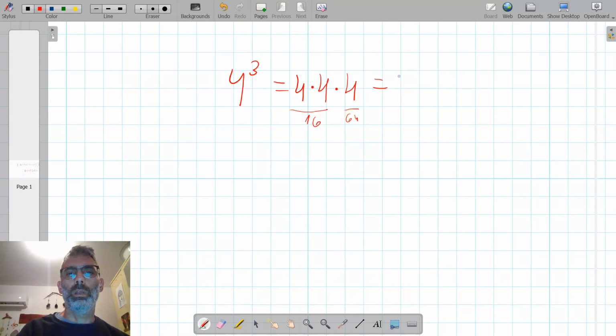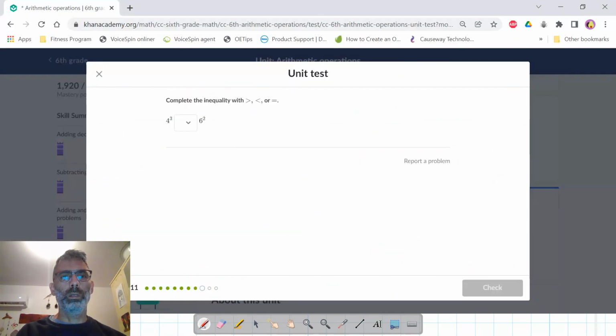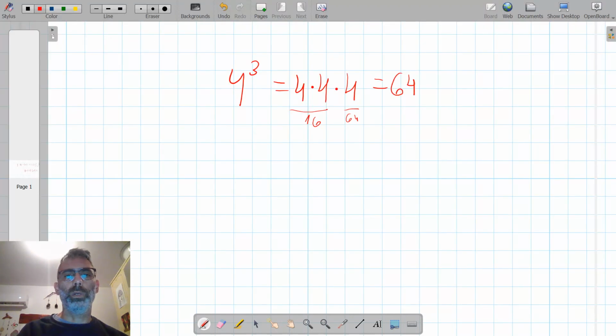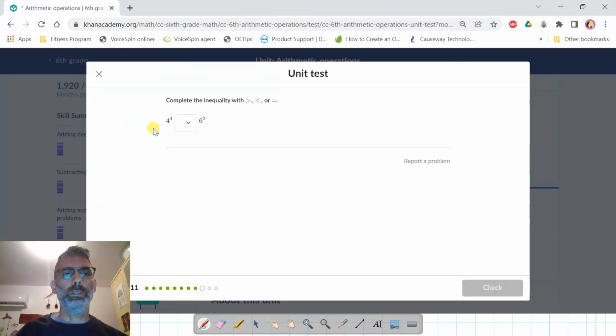So 4 cubed is 64. And 6 squared is 6 times 6, which is 36. So 64 is greater than 36.